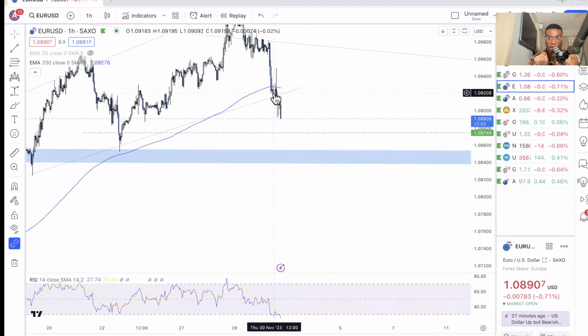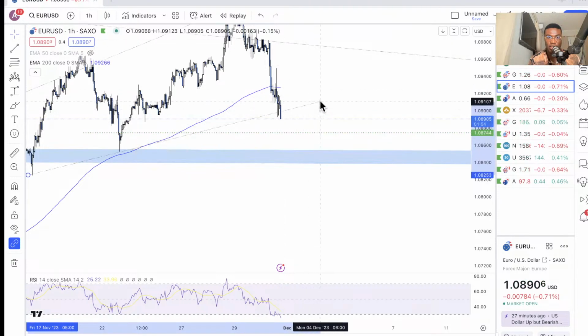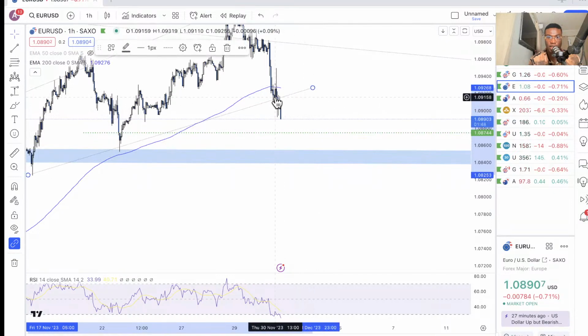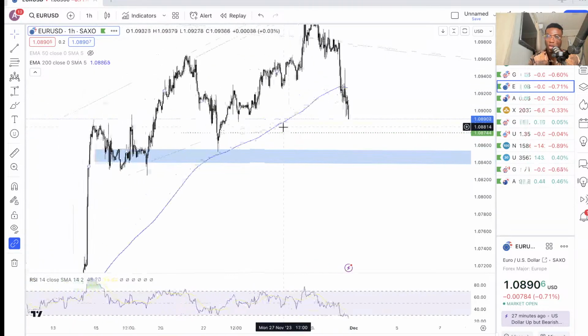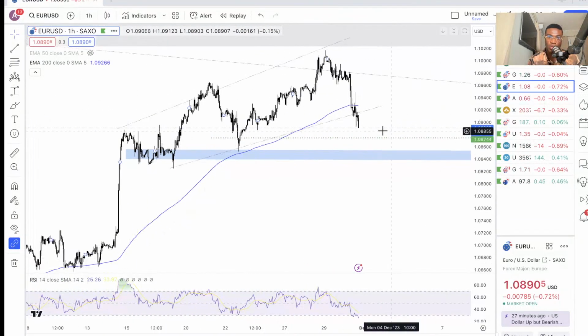Okay, so if this market was trading around here, then yes, you can extend it, but we've had a reaction, so I can't just skip this reaction and change this to the downside. We've seen the market bounce already, but couldn't sustain the bounce, and boom, it broke below, which is why I told you guys that euro dollar is attempting to make a retest at these zones, this level, because we've had a breakout from this support trend line.